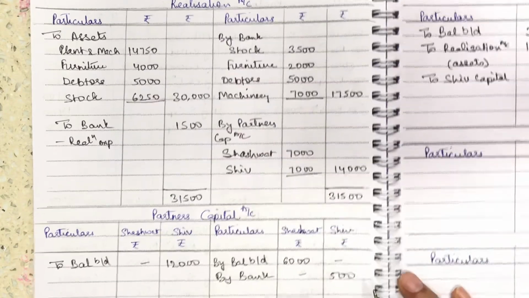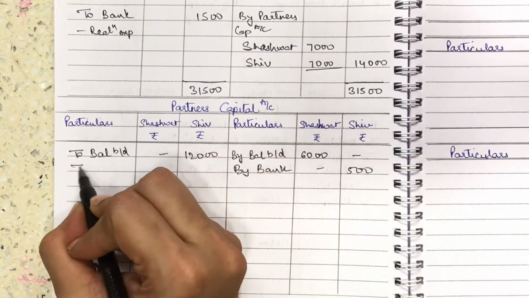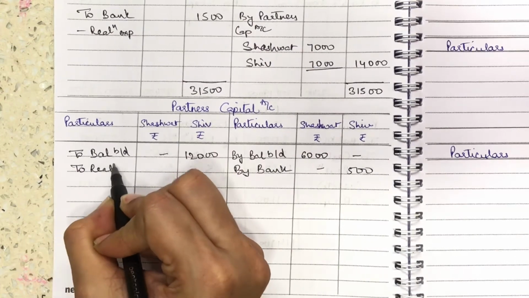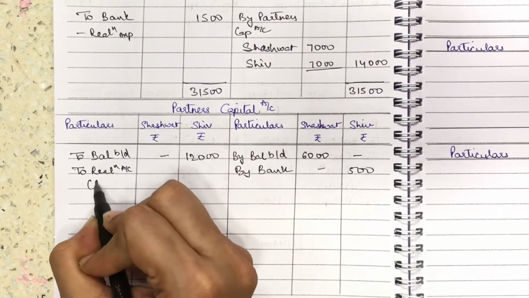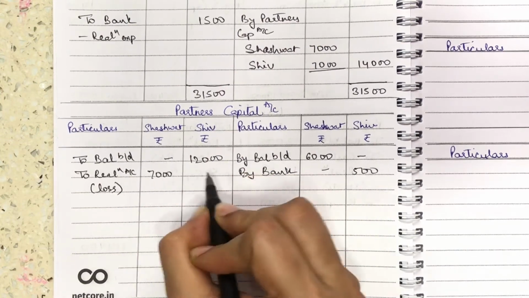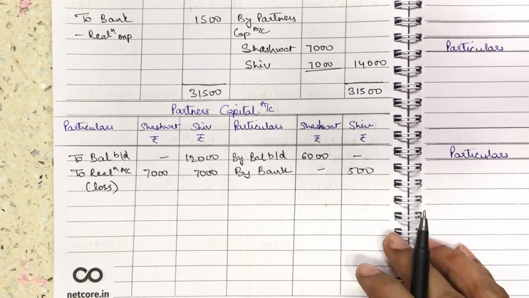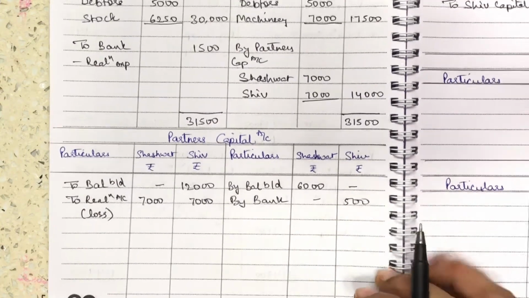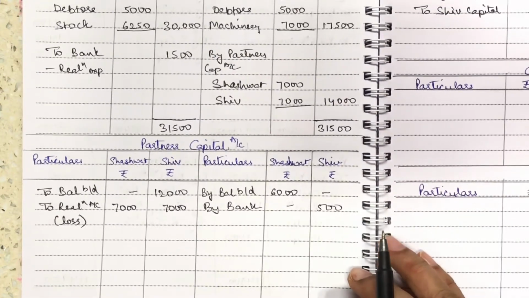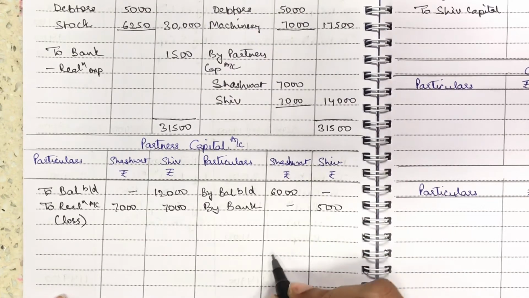The second effect, partners capital account, right here to realization account, in bracket loss, 7,000 and 7,000. Okay. Now, let us balance the partners capital and the balancing figure will be taken to deficiency account.